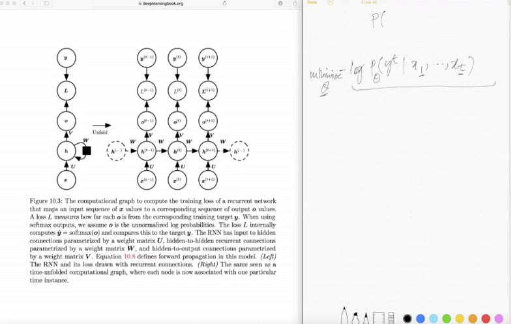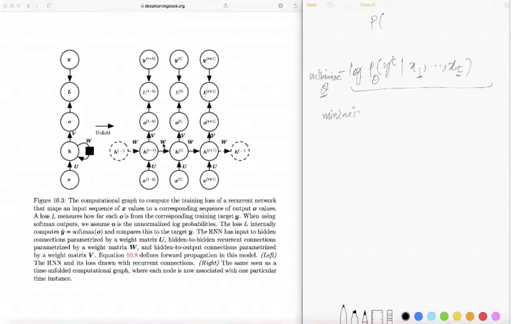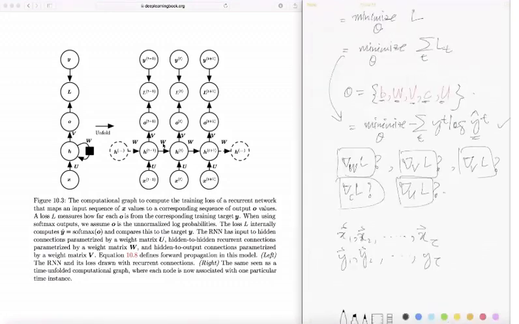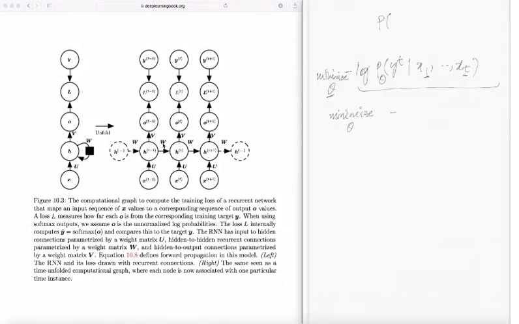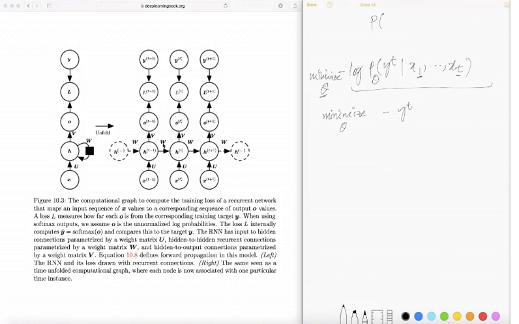Right? So this function is basically, we had done this exercise. If you write it down, this is going to be what we had on the previous slide, yt times log of y hat t. And if you want to do it for every time step, you have to sum it over t.